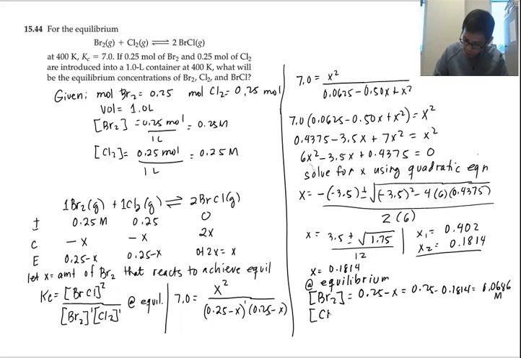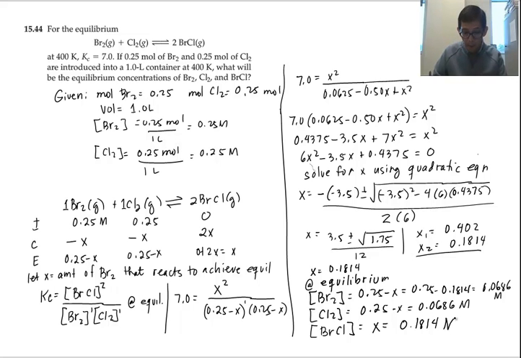Likewise, the concentration of Cl2 is 0.25 minus x, that would be 0.0686 molar. And finally, the concentration of BrCl is simply x, which is 0.1814 molar.